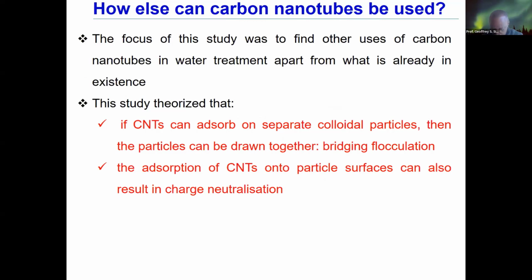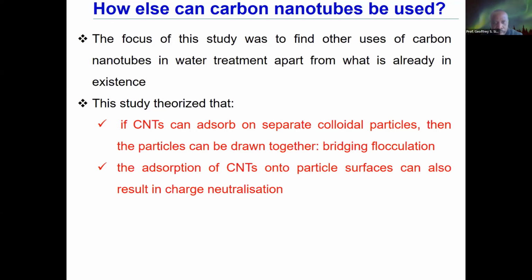And that will result in what is called bridging flocculation.